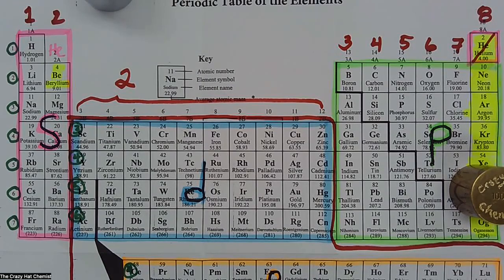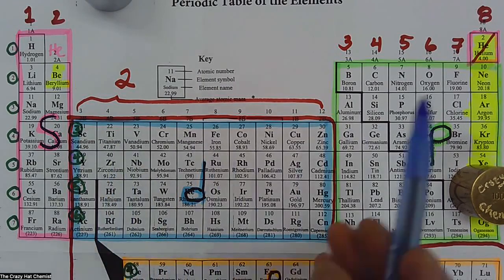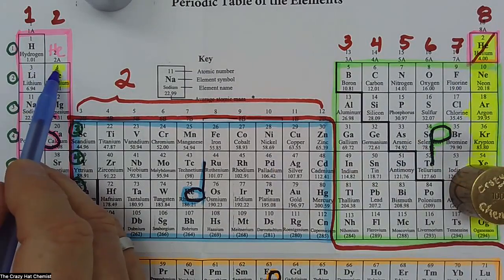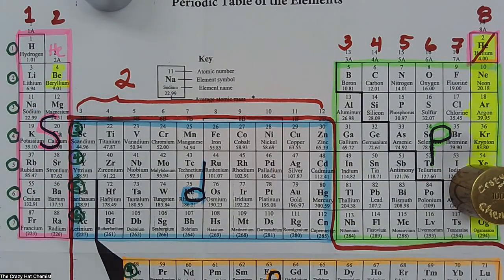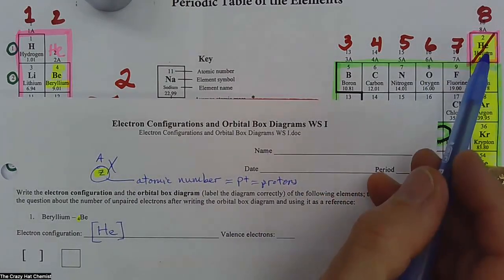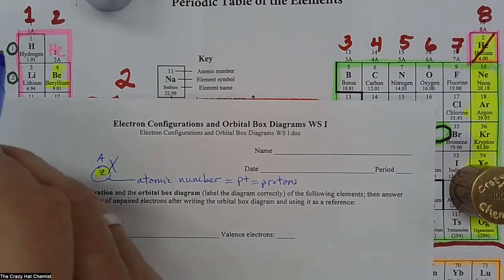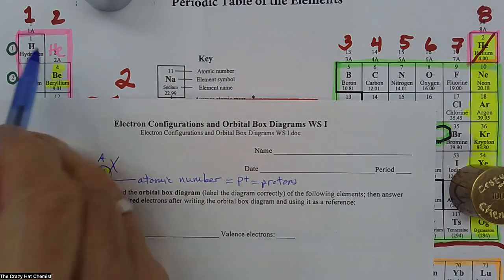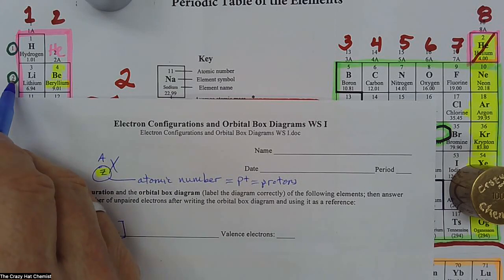All right. Now by just writing He in brackets, we have gone up to element number 2. So we need to count to 3 and then finally 4. We have helium right there in brackets. Now we are going to do 3 and 4. Well, 3 and 4 are in floor number 2, if you will.